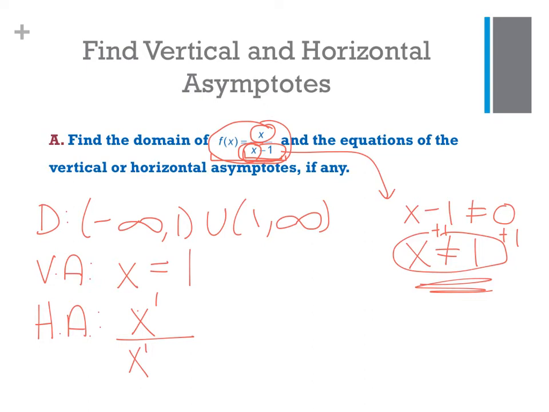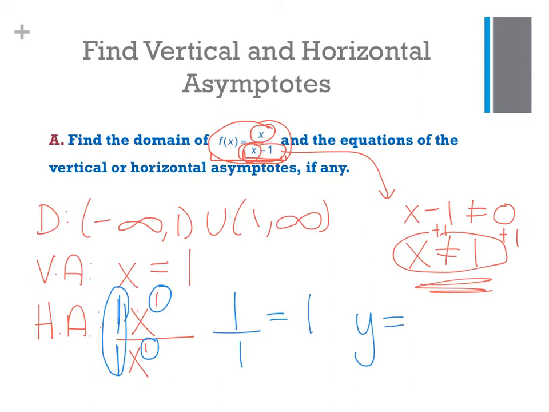So when our highest exponent is equal on top and on bottom, we take the coefficients of those terms, so 1 and 1, and we divide them. I'm taking a positive 1 here and a positive 1 here and dividing them. That gives me 1, which means that we have a horizontal asymptote at y equals 1.